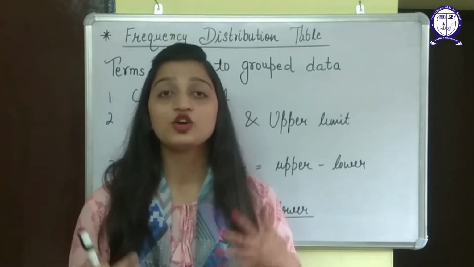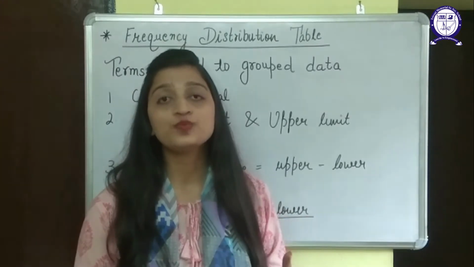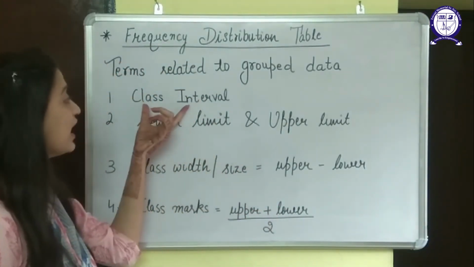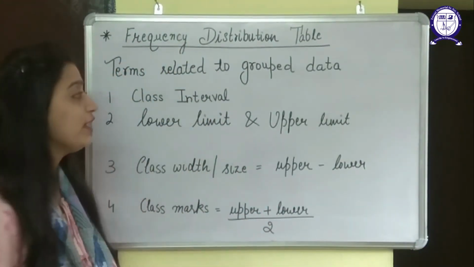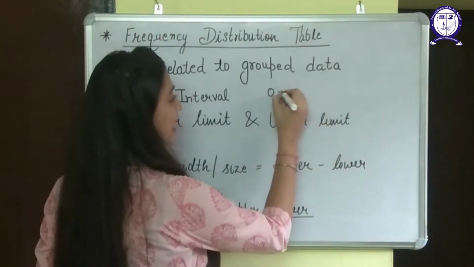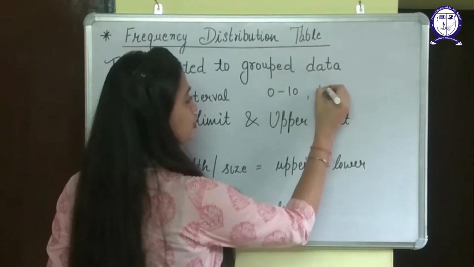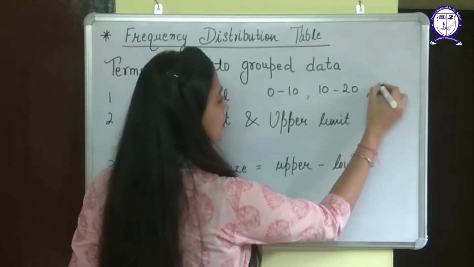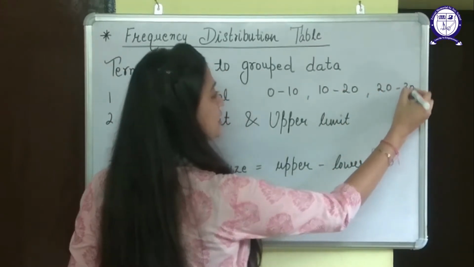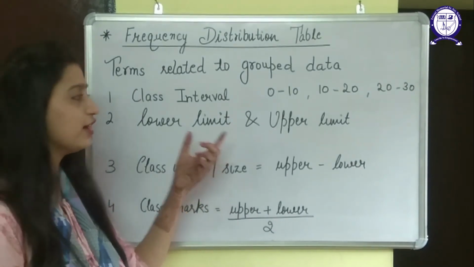So these are my groups, right? And these groups are called my class intervals. For example, 0 to 10, 10 to 20, 20 to 30. These are my class intervals.